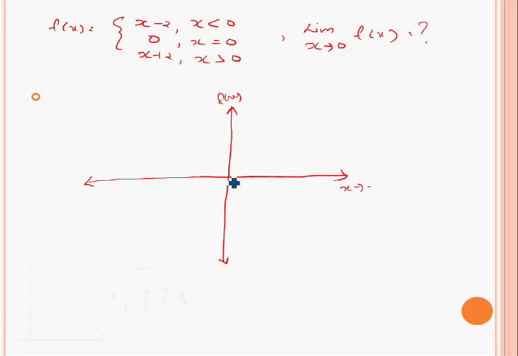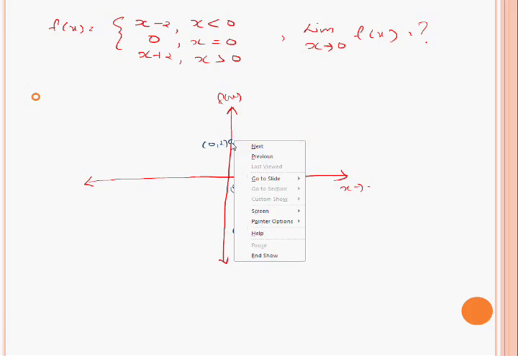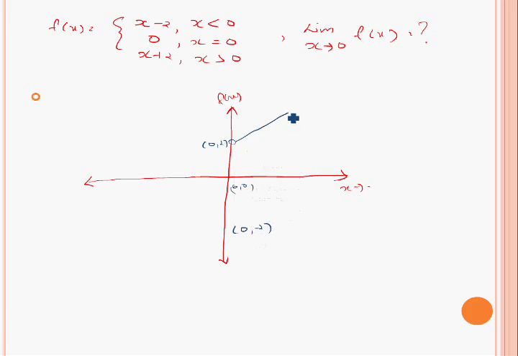So let this be origin 0 0, let this point be 0 2, and this point be 0 minus 2. So the graph will look like this.